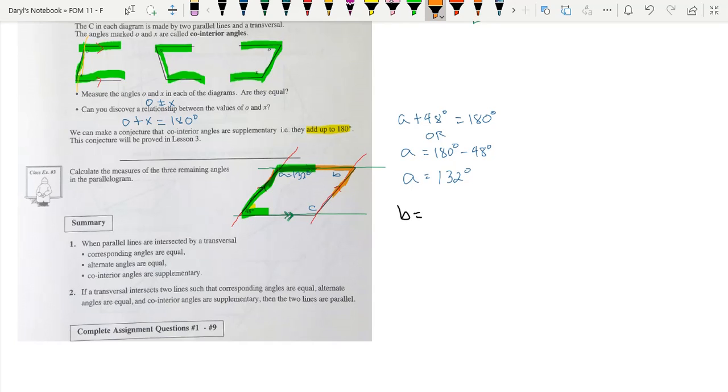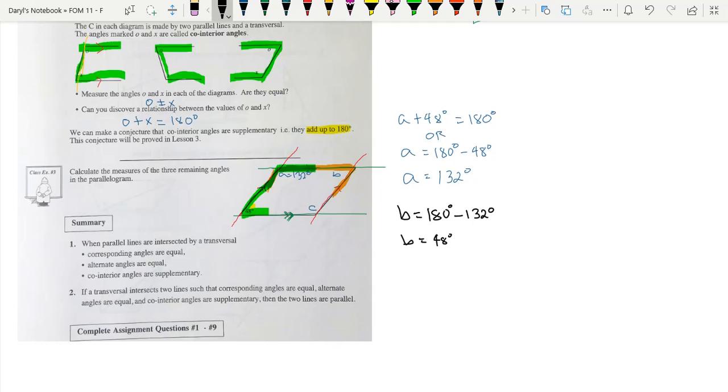As I mentioned earlier, these two sides here are coming from your parallel lines, so these are just two parallel lines and I have this transversal. Therefore, since A and B are co-interior angles, basing from the letter C pattern, I can say that B is just 180 degrees minus 132 degrees, which is equivalent to 48 degrees.